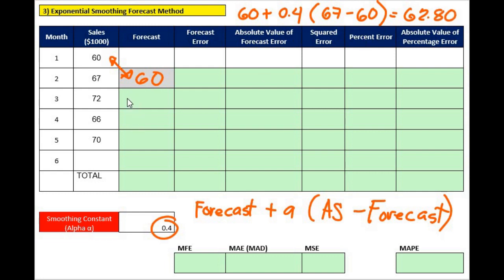So that would be our forecast for month 3, 62.80. Okay, we proceed with month 4.